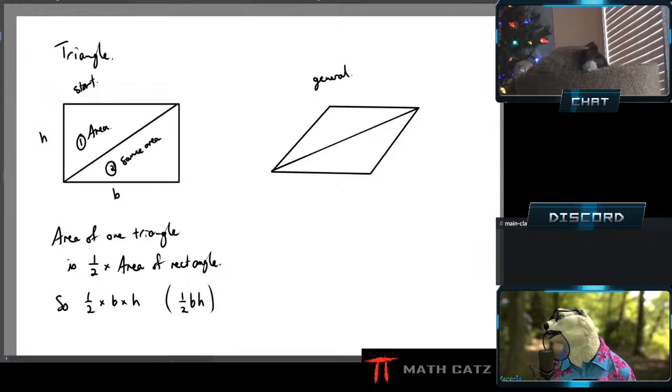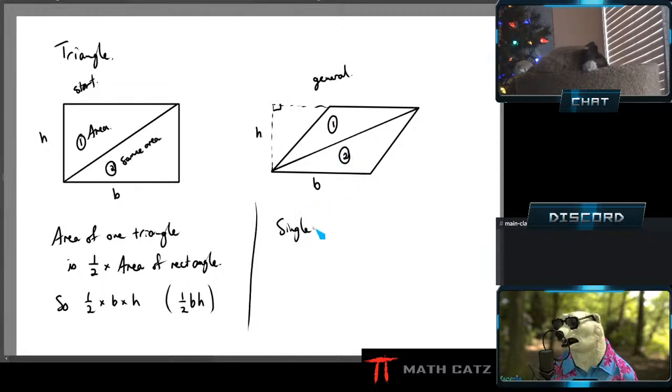So even in this more general case, the height is the same. So I still have area 1 and area 2 for the triangle, but a single one of these triangles still has area 1/2 times the area of the parallelogram.